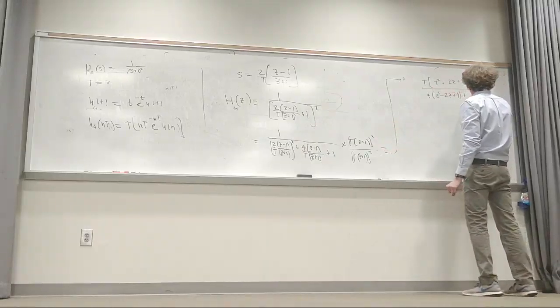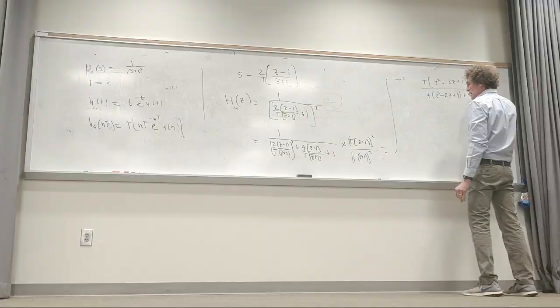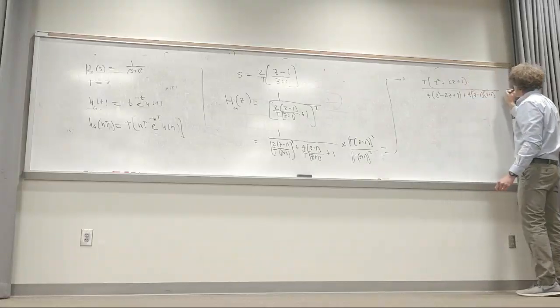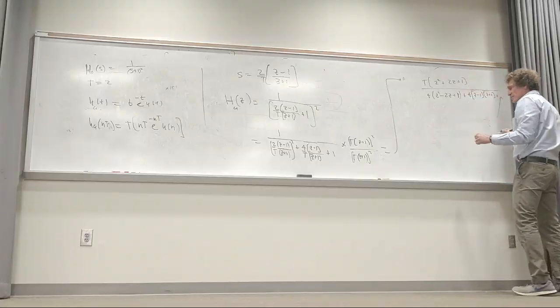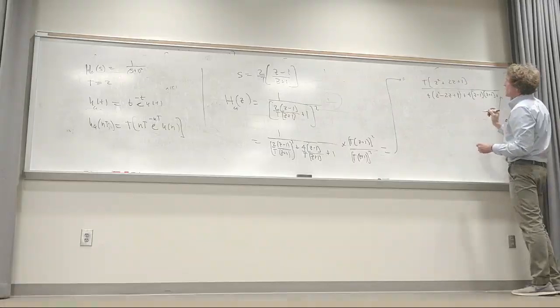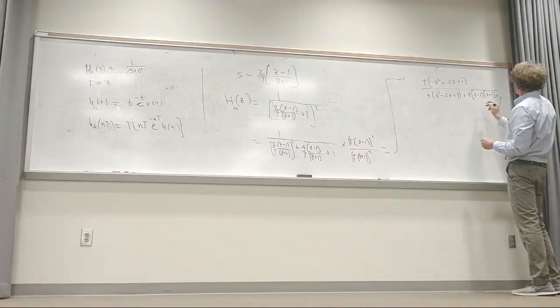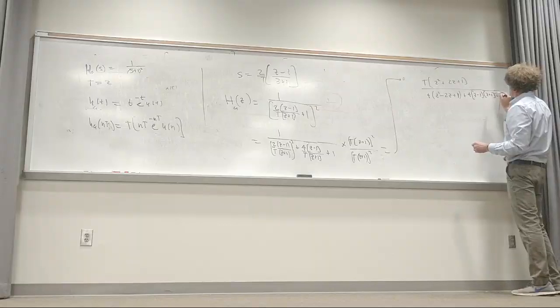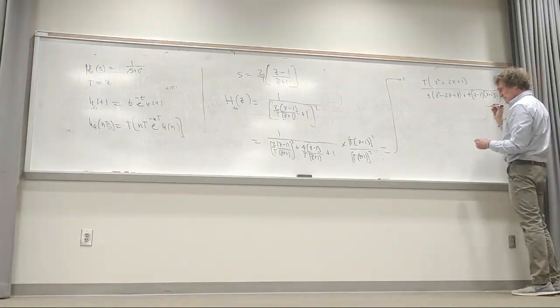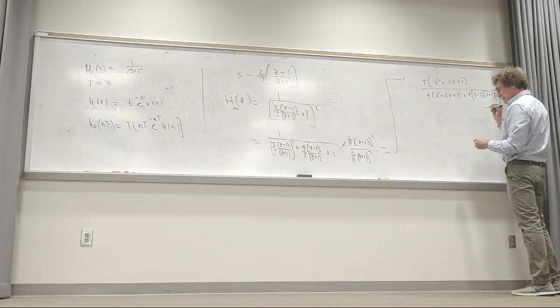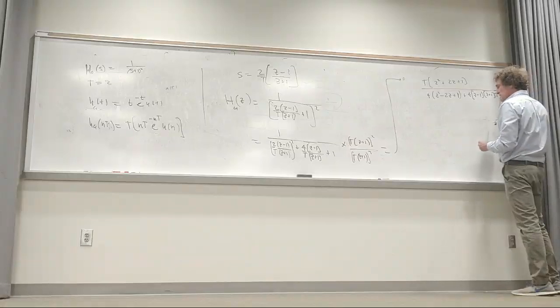Then I get 4 times the quantity (Z minus 1) times (Z plus 1) here, don't I? And then you're going to have to add this term right there, which is going to be, I needed a T in here, plus the quantity T squared times Z squared plus 2Z plus 1.